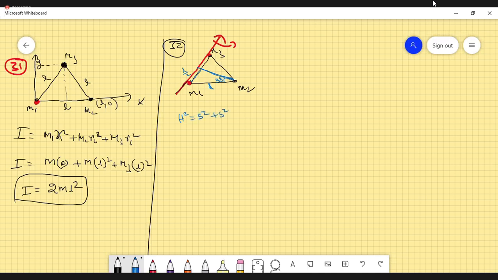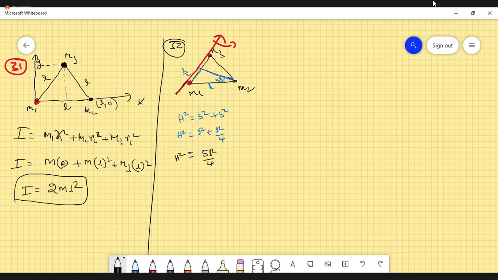So hypotenuse square equals L square plus L square by 4, that is 5L square by 4.